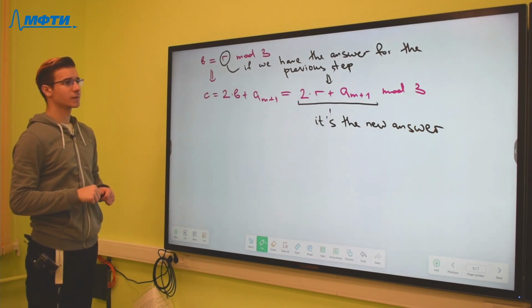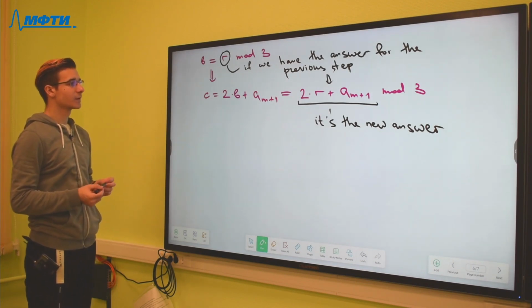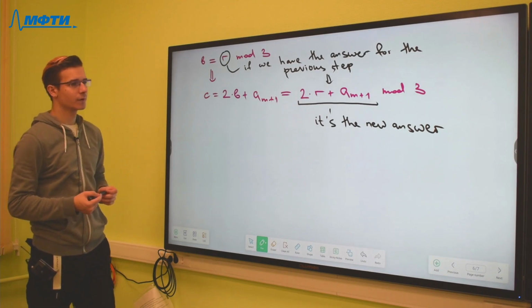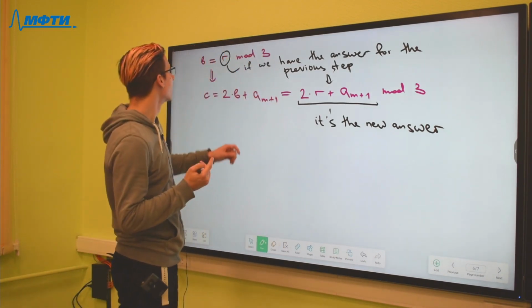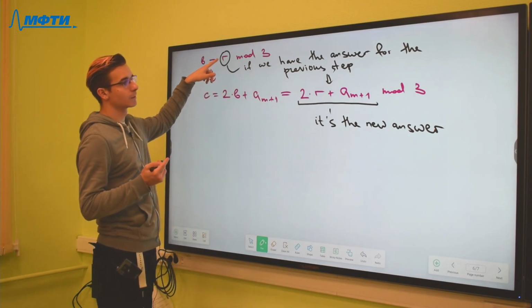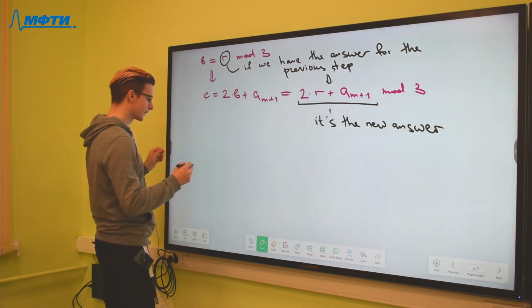In this case, we have three possibilities: R is equal to 0, 1, or 2.